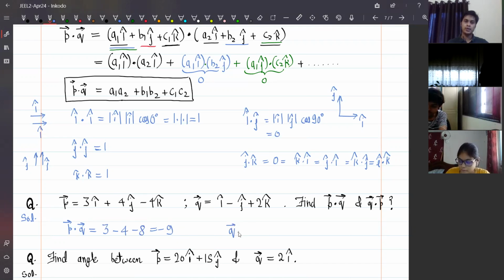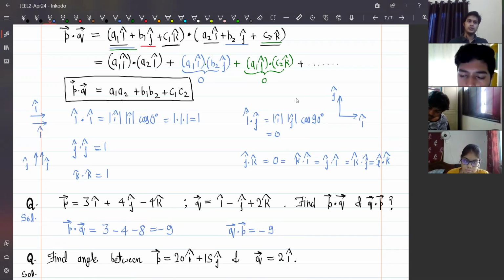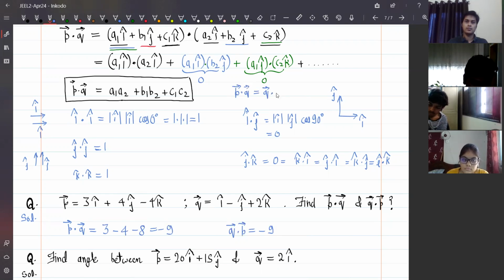Similarly, the value of Q dot P, if you calculate and tell me the value. It will be the same, correct. So you see, P dot Q is always equal to Q dot P. You say that it is commutative.